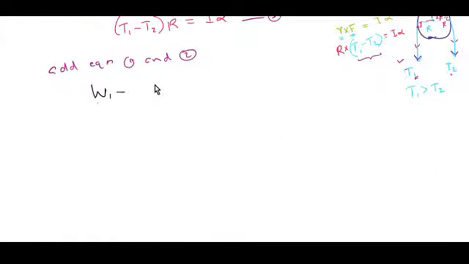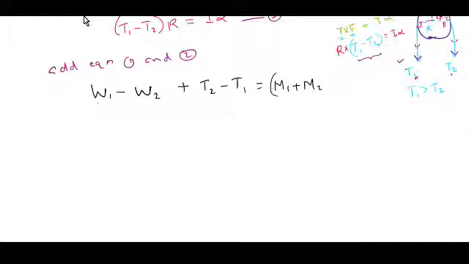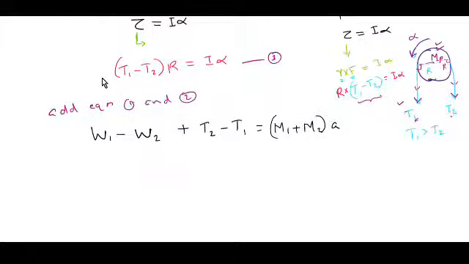Therefore, let me write W1 minus W2 plus T2 minus T1, right hand side M1 plus M2, we can take A outside. Now we have the T1 minus T2 here and T2 minus T1 here. I write this equation as T1 minus T2.